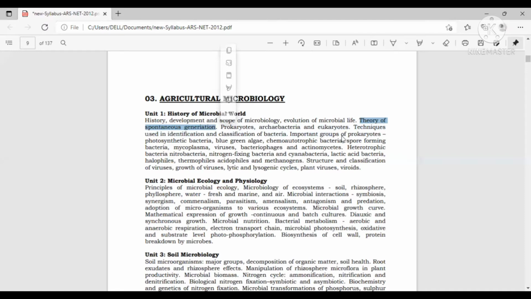Next come the different types of prokaryotes. Here a huge list of prokaryotes is given. So study all those prokaryotes' characters, their habitat, and don't forget to study the example for each group. Then you have to focus more, among this group, on nitrobacteria and nitrogen fixing bacteria.